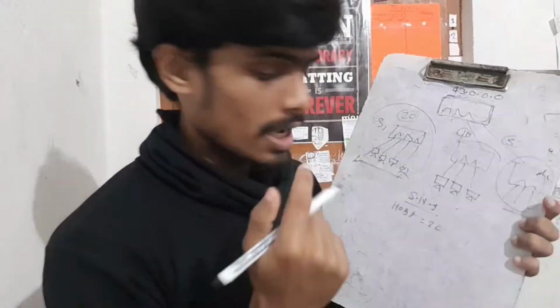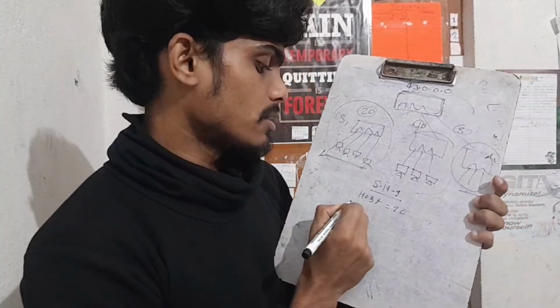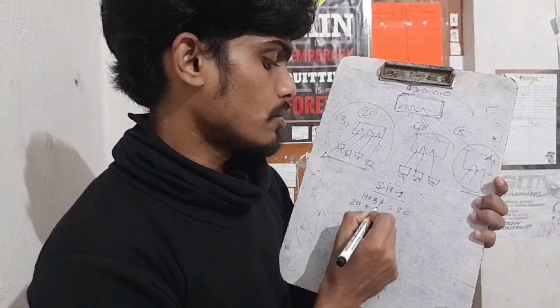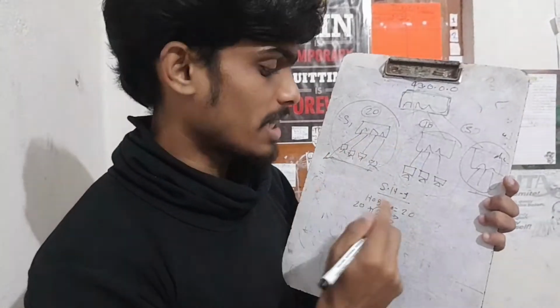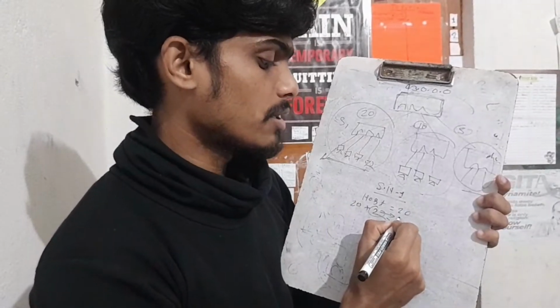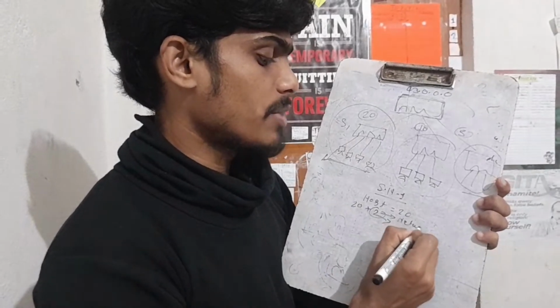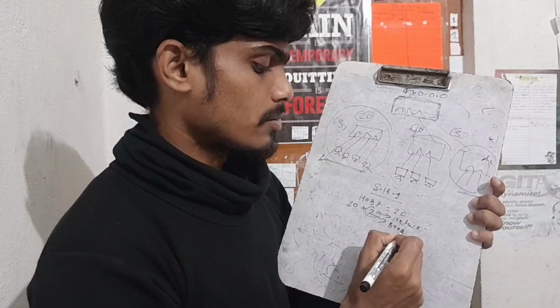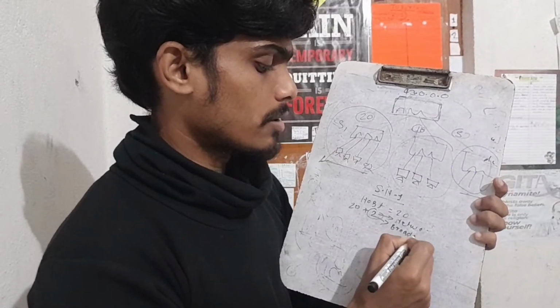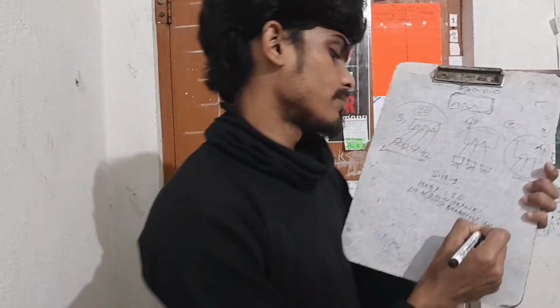Why two more? Because 20 plus 2, since two more important IPs are considered: the network IP and the broadcast IP. Fine.